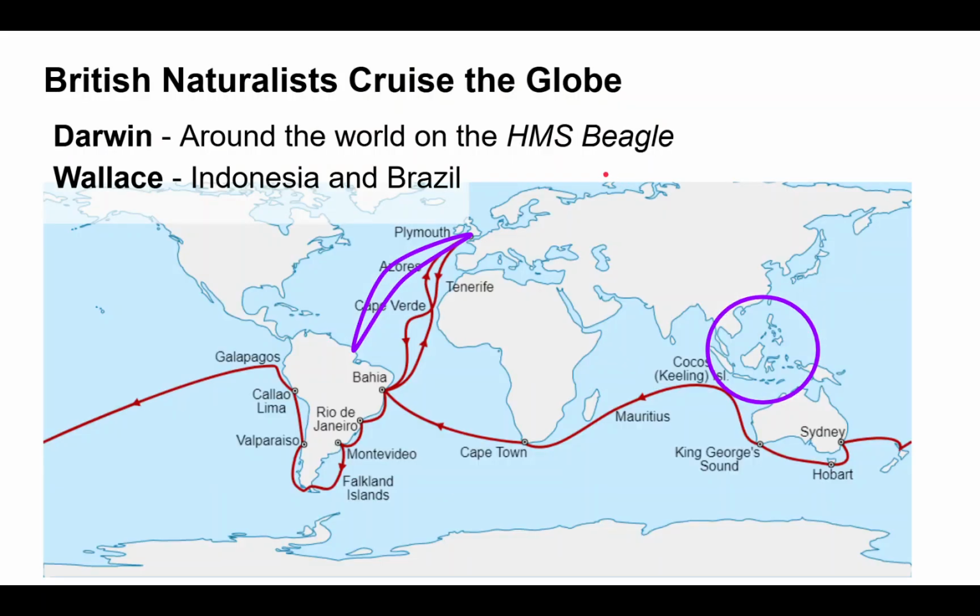They both came up with this idea after having traveled the globe a fair amount. So Wallace here is the purple. He spent time in South America, in the rainforest here, Brazil and otherwise, and also some time in Indonesia on all these little islands. Darwin famously was on the voyage of the Beagle, went around, spent a lot of time here in South America and some other places in the world, but basically they were in the tropics.